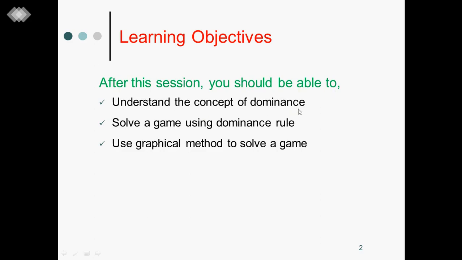We have discussed row dominance, column dominance, and average dominance with a couple of numericals. Dominance rule is basically used to reduce a higher order game to a lower order game. Normally it will reduce the game size to 2 cross 2, and then you can use the formula. So now you are comfortable using the dominance rule to solve a game.